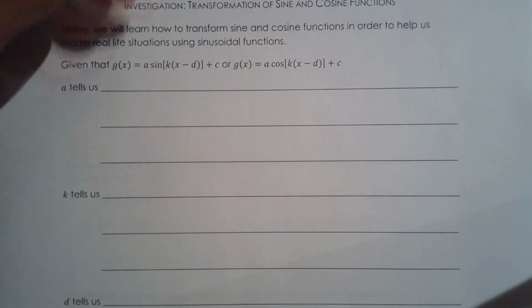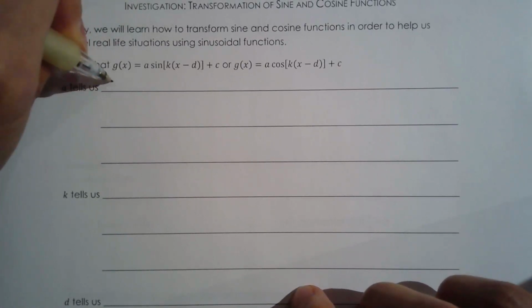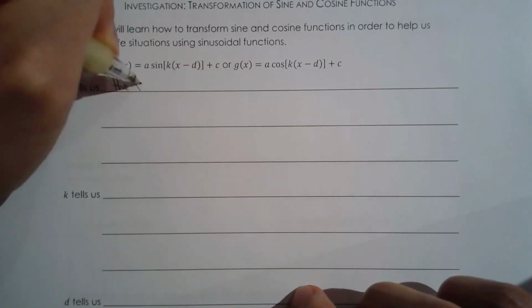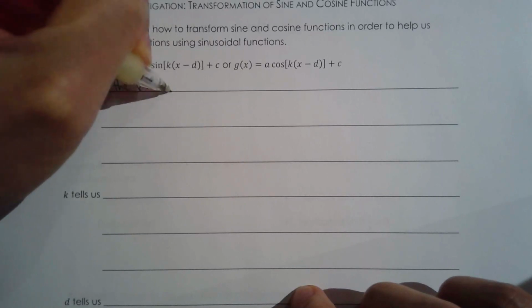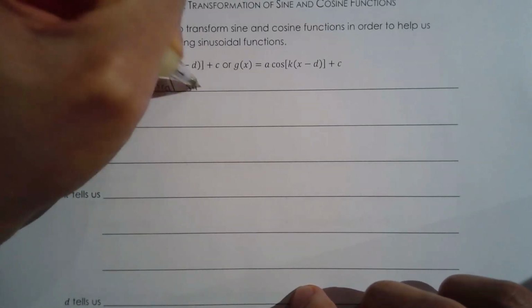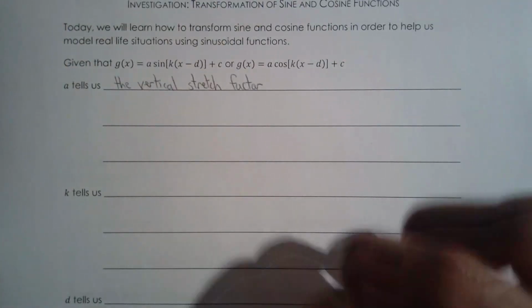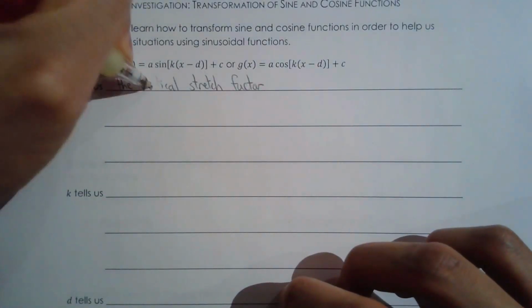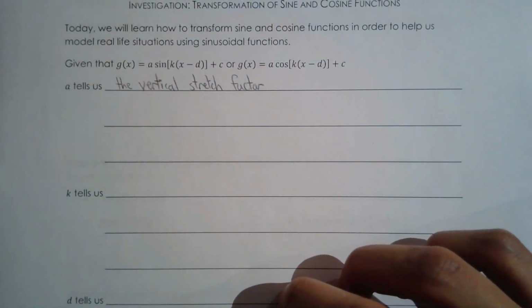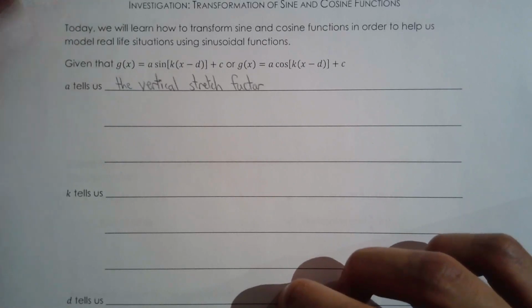So what does a tell us? A tells us the vertical stretch factor. You can say compression, but I'm just going to say vertical stretch factor. And what else does a tell us?